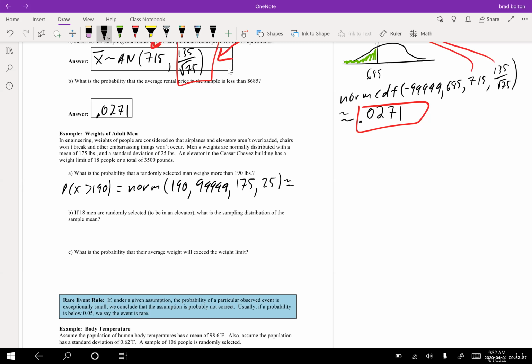And again, I'm going to the right because they said more than 190. I kind of glossed over that, but make sure you understand why I'm not going negative 99999 to 190. That would be less than 190. I'm going more than 190. So I get approximately 0.2743 if you round off. That would be our answer for that.